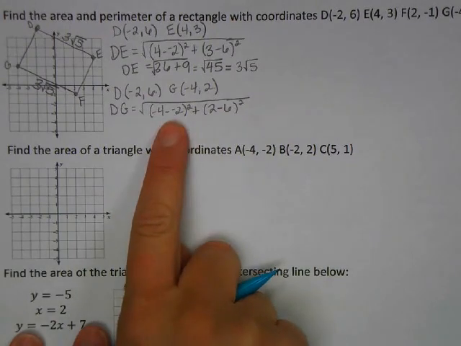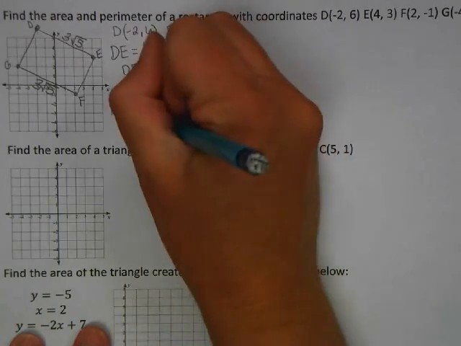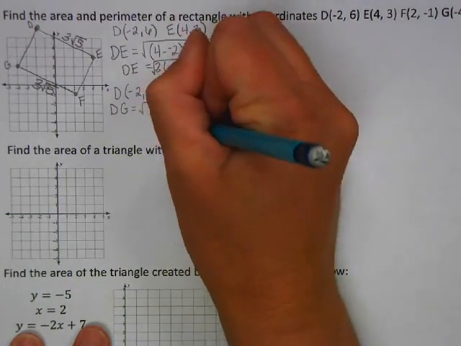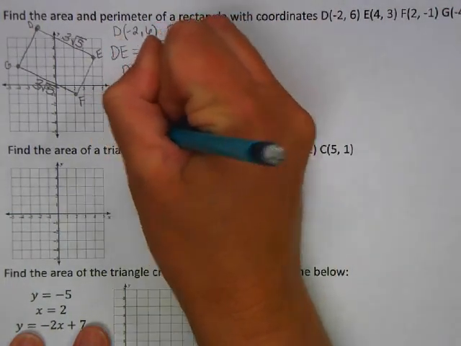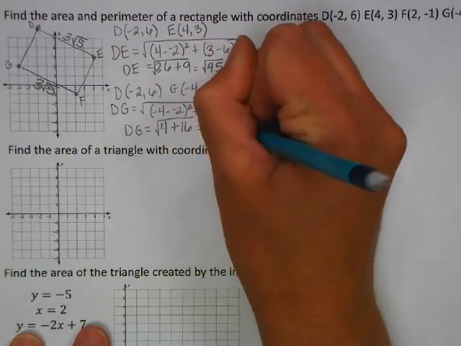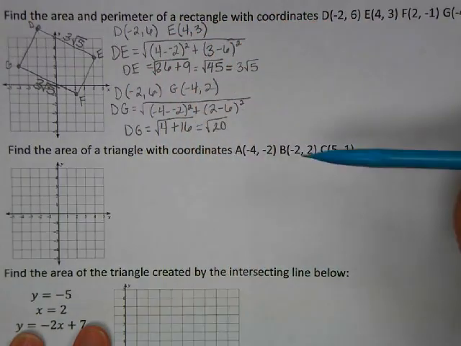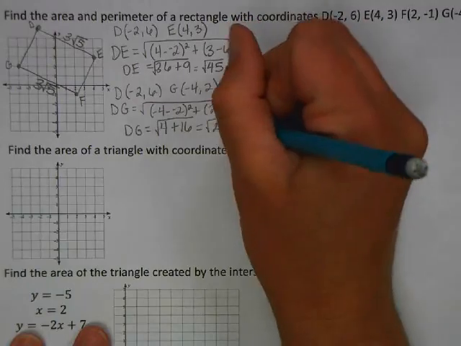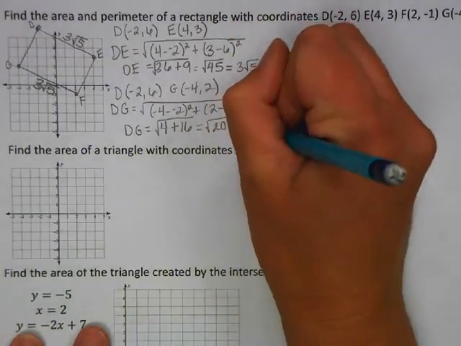So -4 minus -2 is -2, and -2 squared is 4. 2 minus 6 is -4, and -4 squared is 16. So DG is the square root of 4 plus 16, which is the square root of 20. And that can be simplified because 4 can go into 20 5 times, and the square root of 4 is 2. So this is 2 root 5.